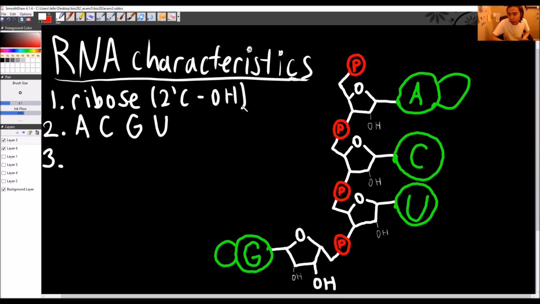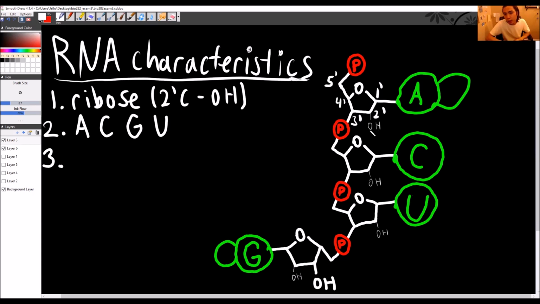RNA also has directionality by virtue of nucleic acids only being able to be made in the 5' to 3' direction. We can start by labeling our RNA molecule. Remember that when we're labeling our 5-carbon sugar, the first carbon that we label is the one attached to our nitrogen base. So 1', 2', 3', 4', 5'.